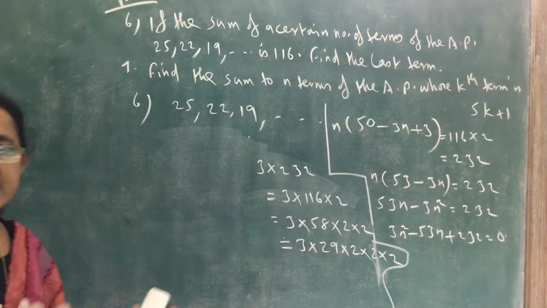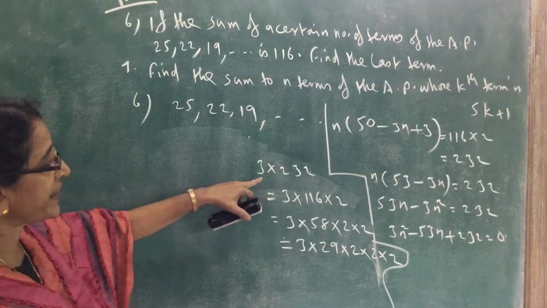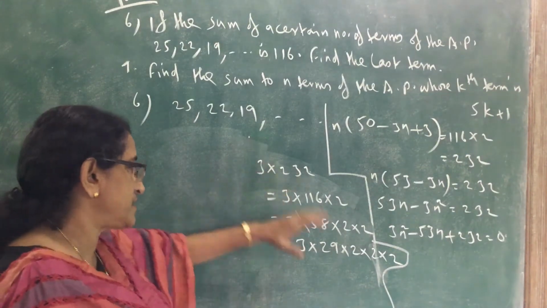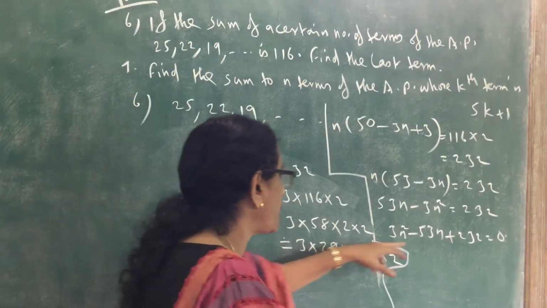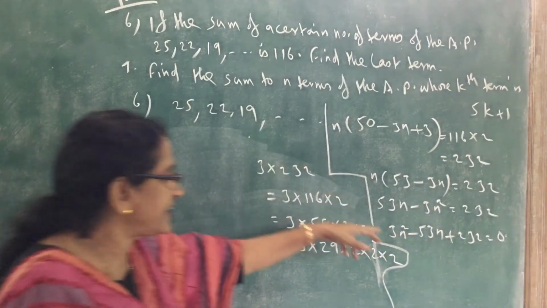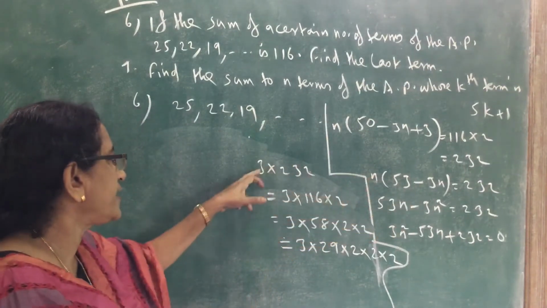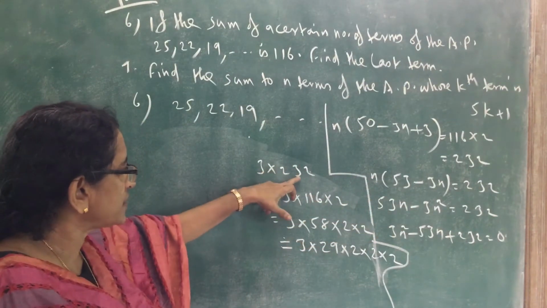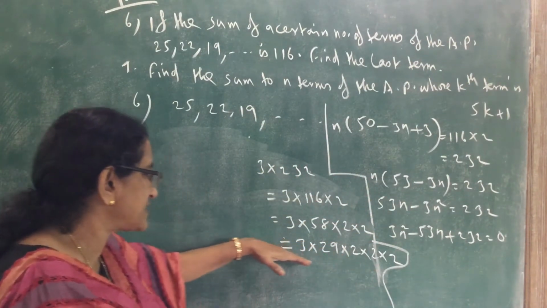Like this we factorize, then we get the factors. We want the product, this number, and the sum we want is minus 53. So we want the sum minus 53, product 3 into 232.